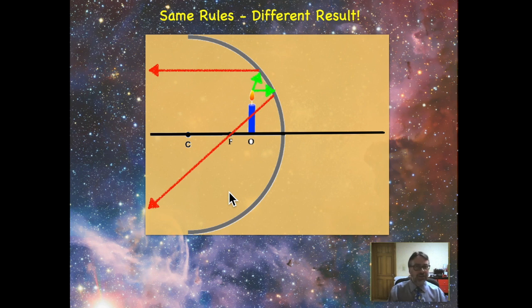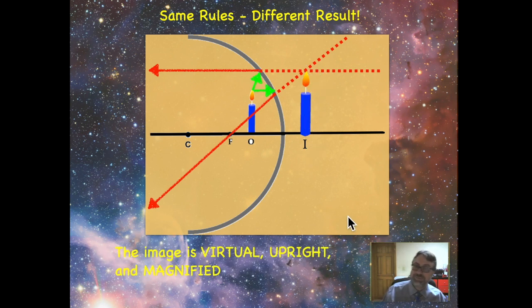That is, if the reflections don't cross on the real side of the mirror, I should project them backwards to see if they cross behind the mirror. And just like with the plane mirror, since these two incident rays are light coming from the top of the candle, and the reflections seem to cross there, at this point, I should see the top of the candle.